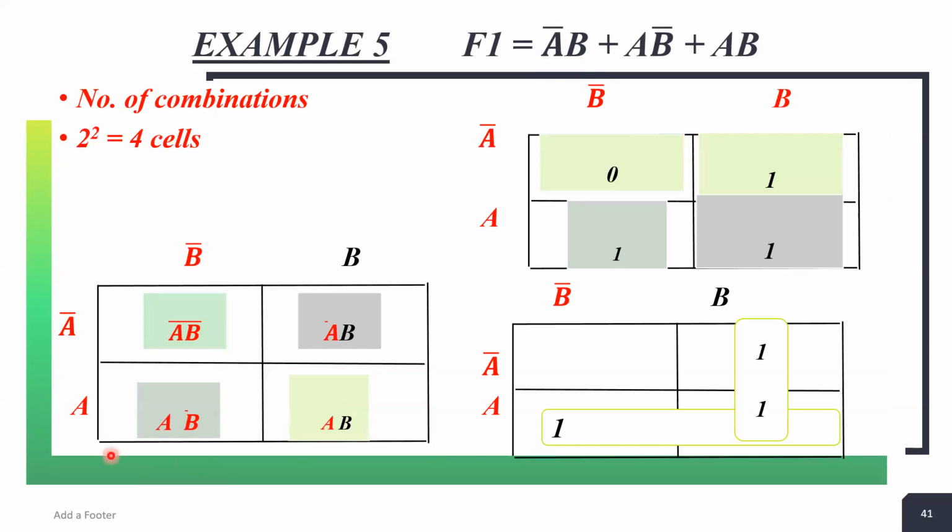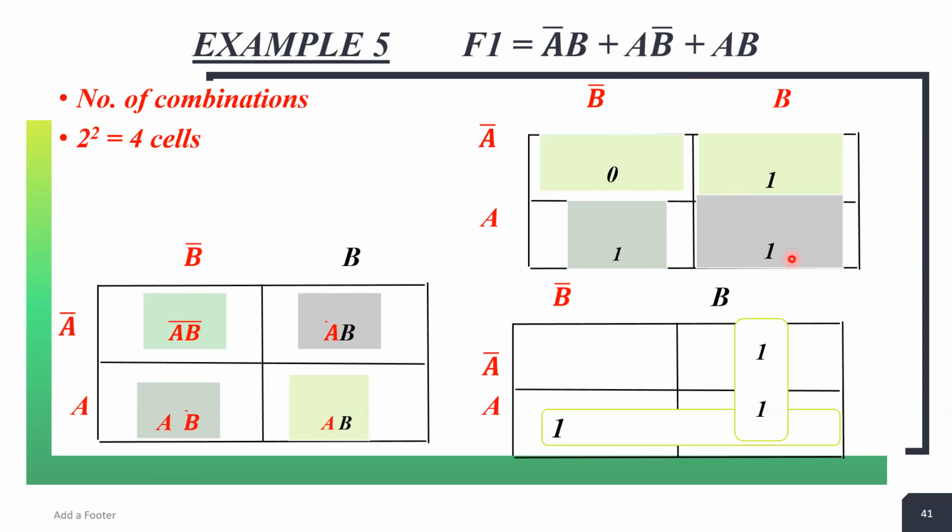We will draw the 4 cells. A B complement, right over there, is the first cell. The second cell, A complement and B. The third cell, A and B complement. And the fourth one is A and B. A you will write on the rows and B you will write on the column sides. Okay, and then according to the equation, we will add the values.